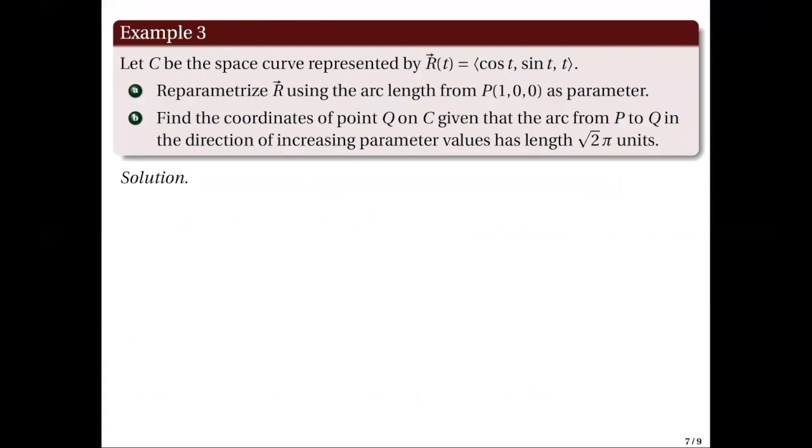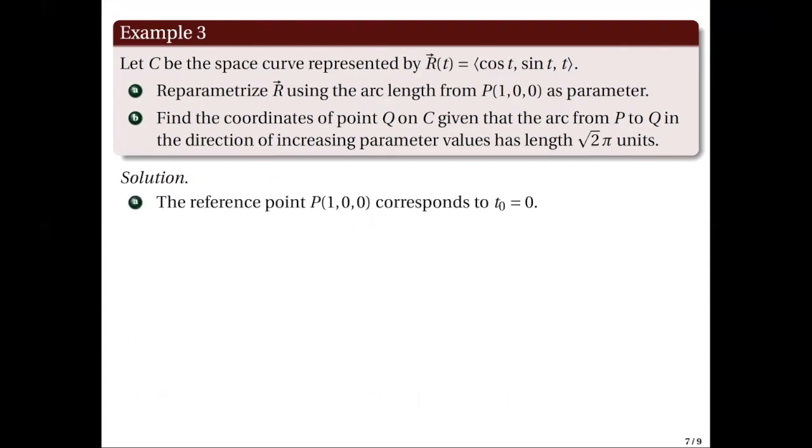In this example, we are using the helix with equation r of t equal to cosine t, sine t, t. The first problem asks us to rewrite this vector function r using the arc length as a parameter with reference point (1, 0, 0).